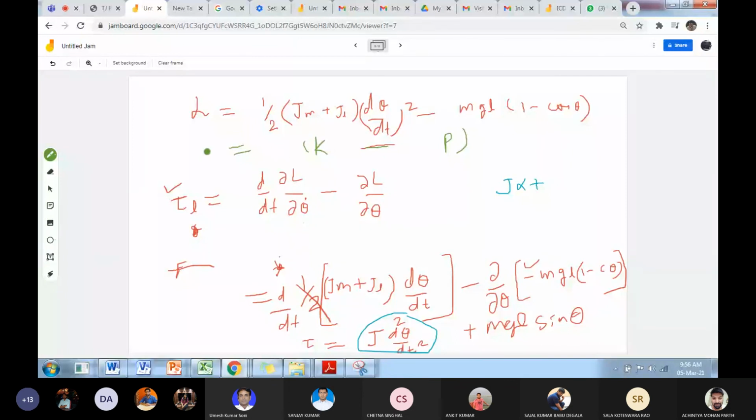By using the Lagrange, you can determine the torque. You take the angle theta dot and theta, then you can determine the torque by this equation. Finally, you have determined J alpha plus mgl sin theta. Okay, clear है?